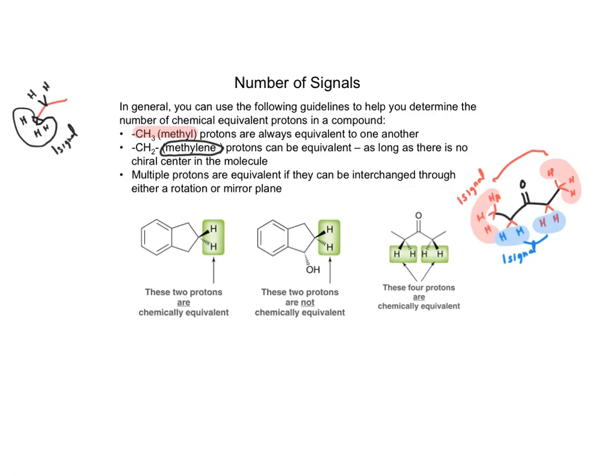So the first one is this molecule, right? So I want to know how many distinct signals or how many chemically equivalent protons we actually find in this molecule. And then the second one is this guy.